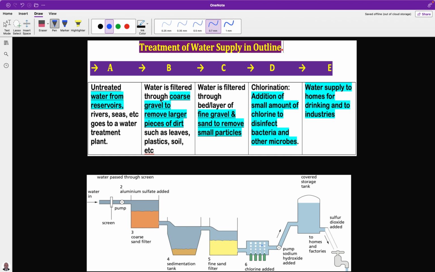Water is filtered through coarse gravel to remove large pieces of dirt, such as leaves, plastics, soil and other things.